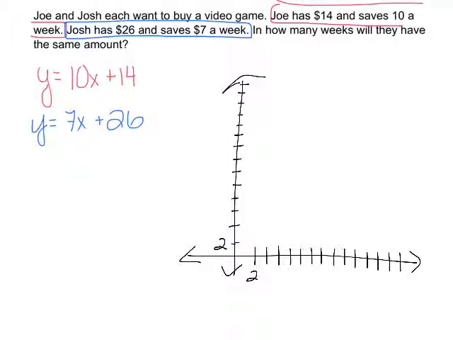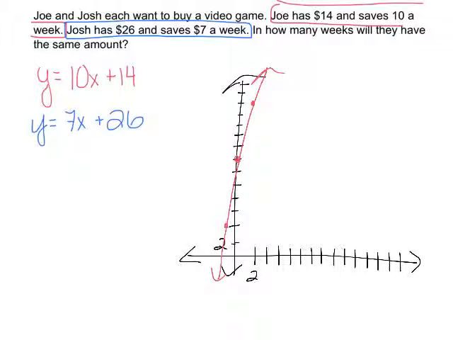So my first line, I'm going to start at 14. And then I have to go up 10, and then over 1. So that's going to be my first line.